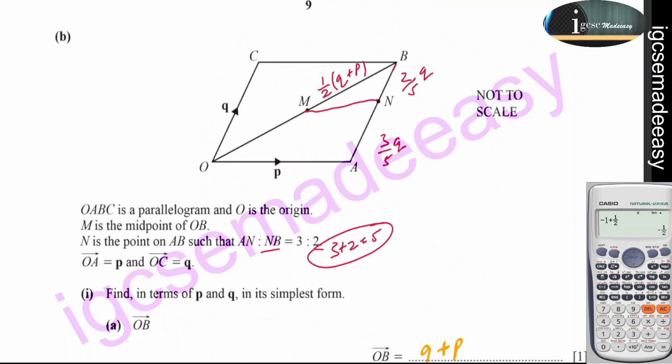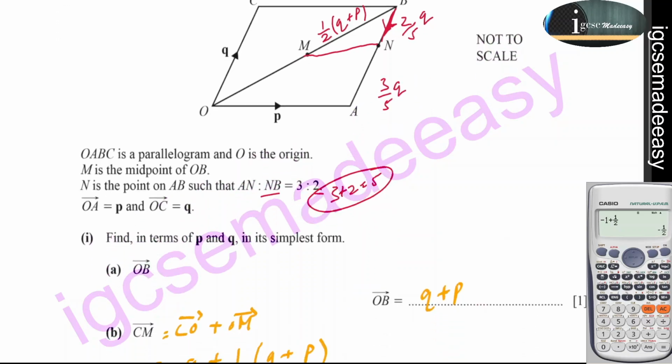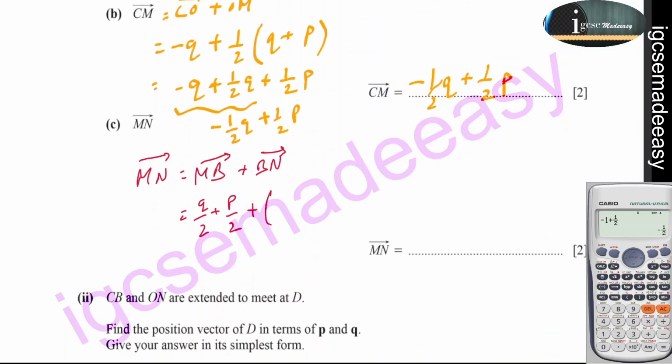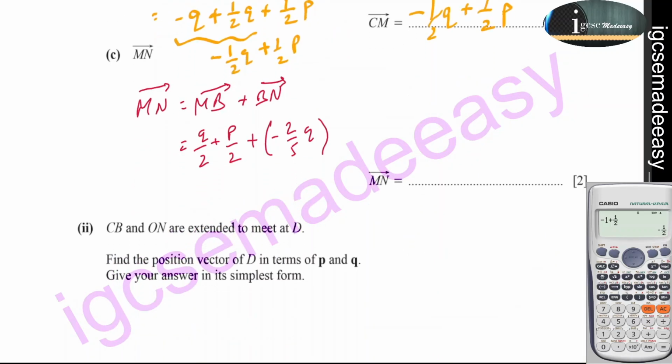As I told you, I have to go from B to N. So the NB value is 2 by 5Q, so BN will be negative of 2 by 5Q. So if I solve this using my calculator, this is 1 by 2, right? So we can write it as 1 by 2.